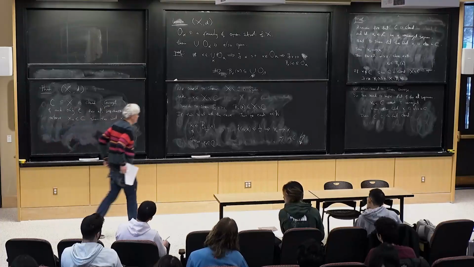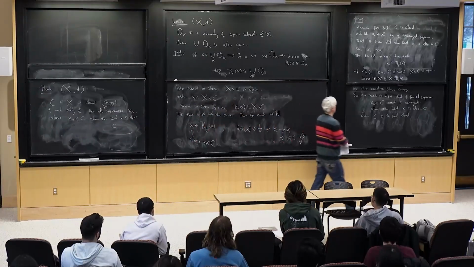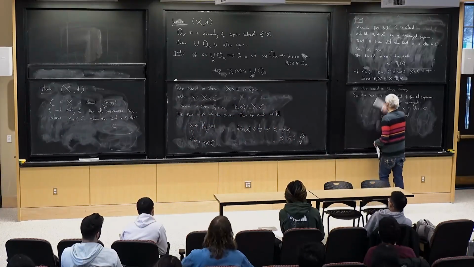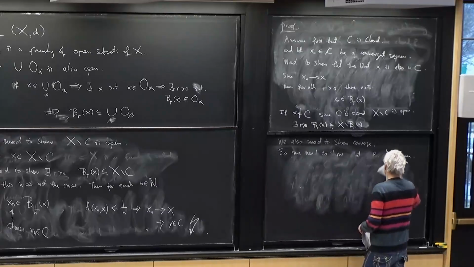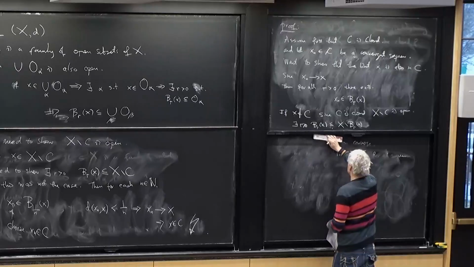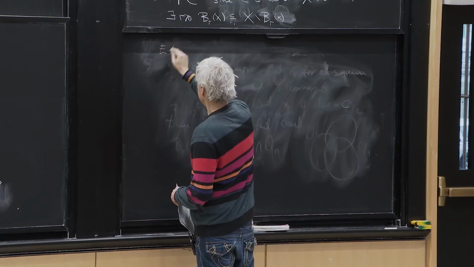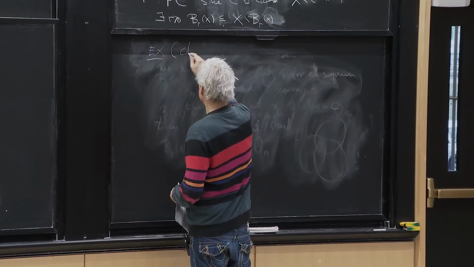Let me just quickly give you a couple of examples. Probably should have done that already. So what are closed subsets? Here are some examples of closed subsets.